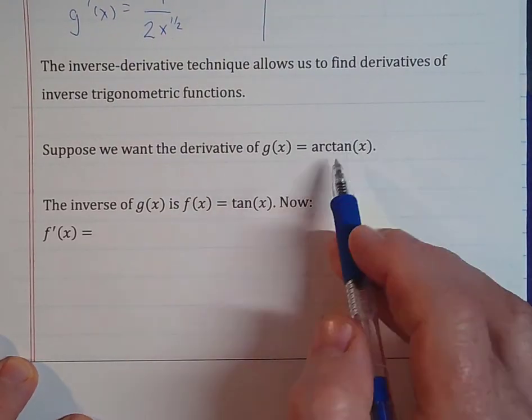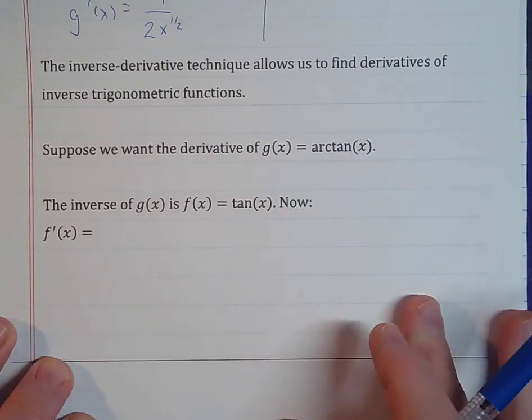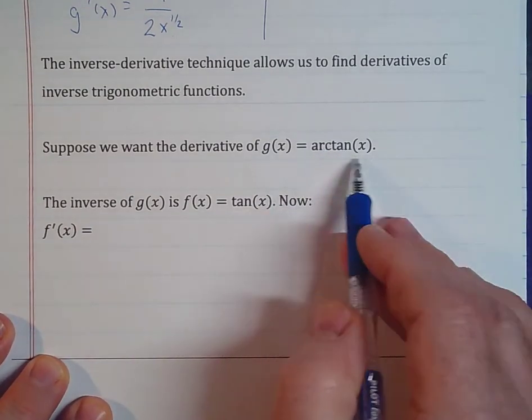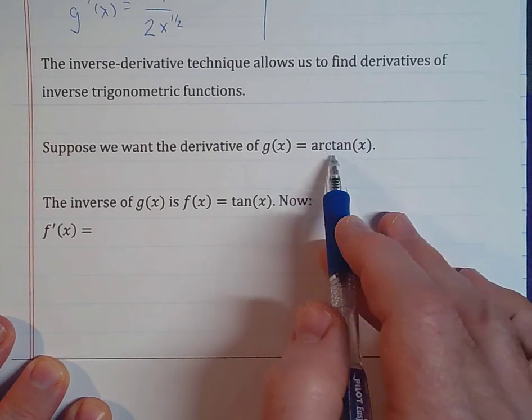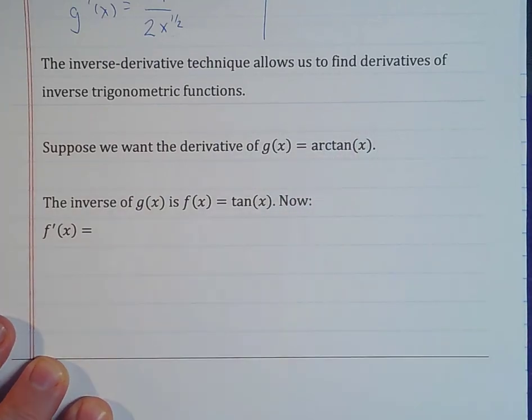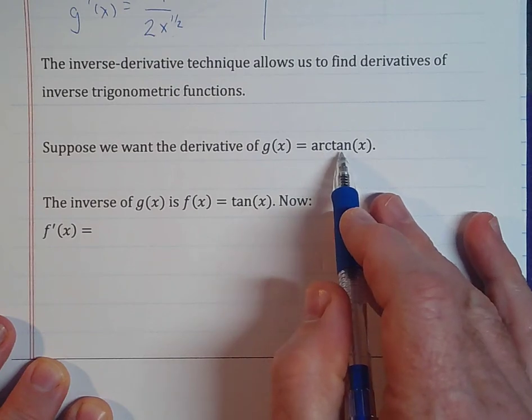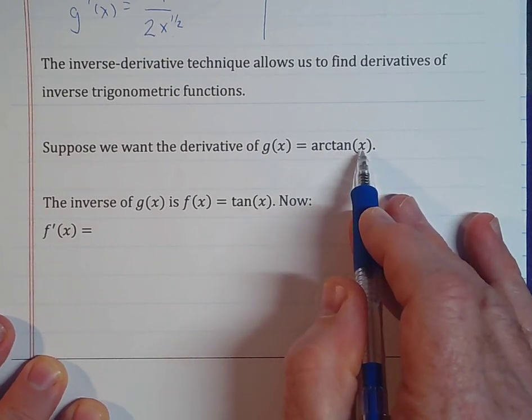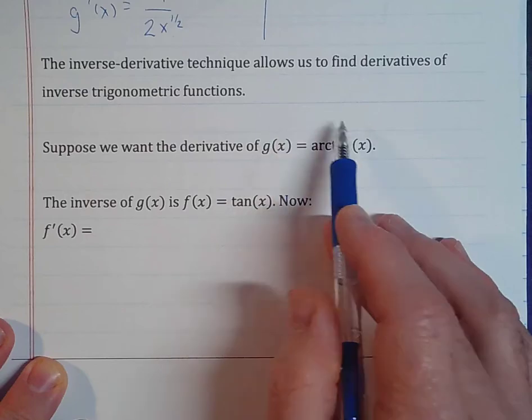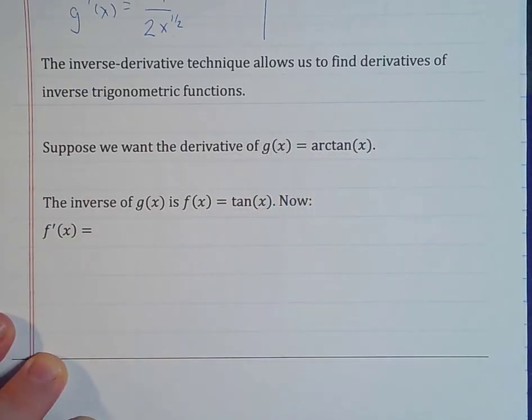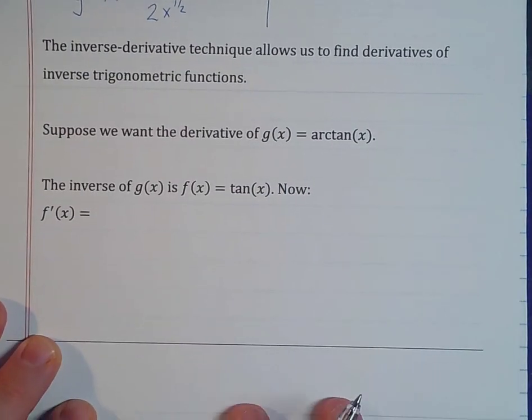Okay, so this is the inverse tangent function over here. And let's just remember for a moment, what is this? Remember, arctan is an angle. It's the angle that if I take the tangent of that angle, I get the value x. So I want to find the derivative of the inverse tangent of x, the arctan x.